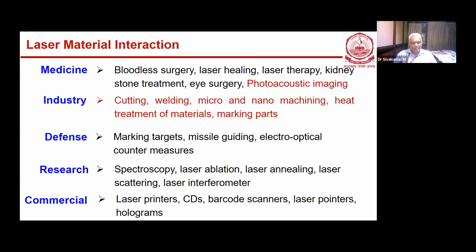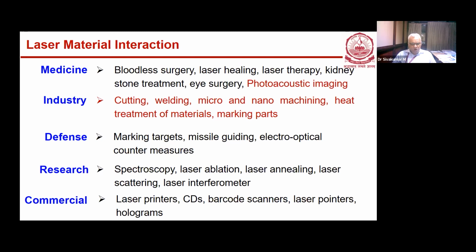Without lasers, there is no material science research. That's what it is at present. You can see the list: applications in medicine, industry, defense, research, and commercial. In medicine, you have blood laser surgery, laser healing, laser therapy, and photoacoustic imaging. We are going to see that. In industry, cutting, welding, bending, and heat treatment of materials. In defense, marking targets, missile guiding, and even for snipers, a laser pointer is used to get the target.